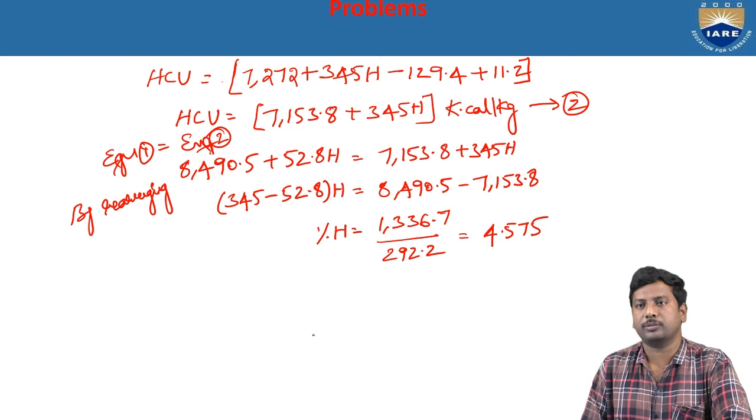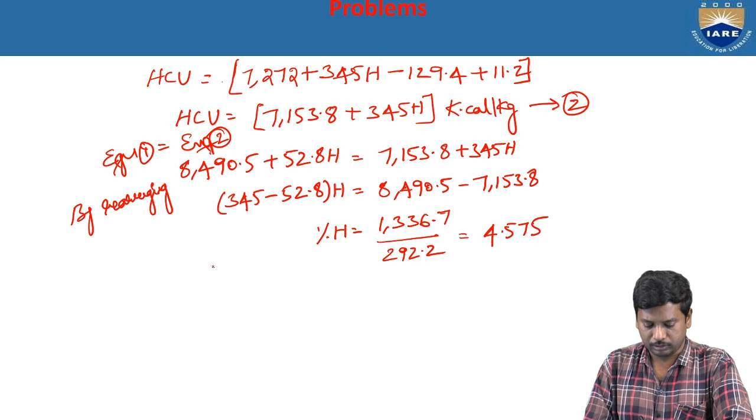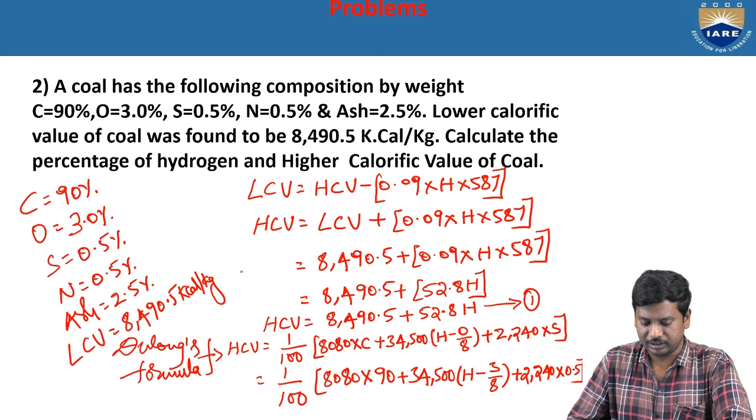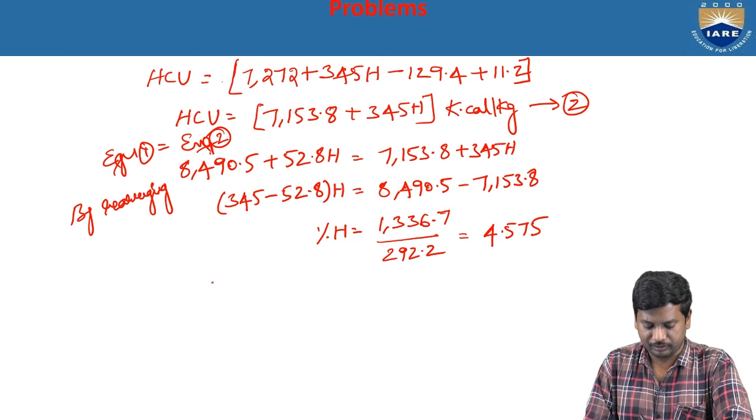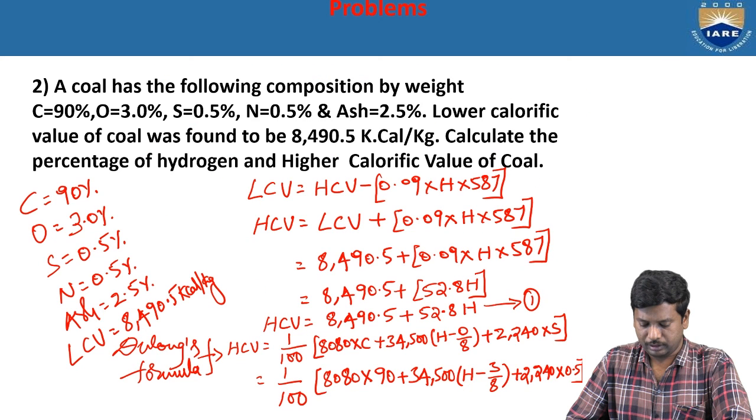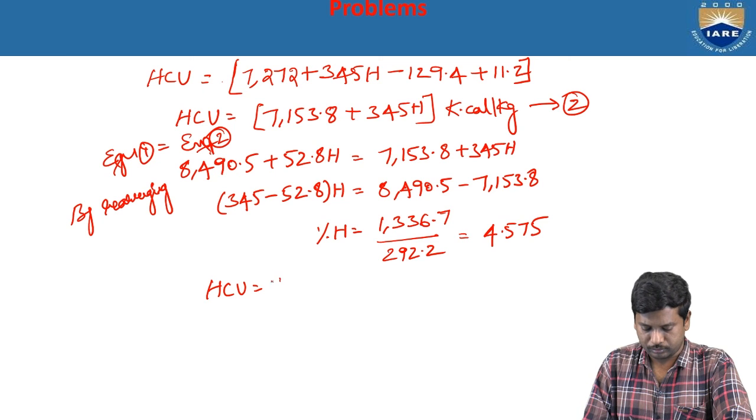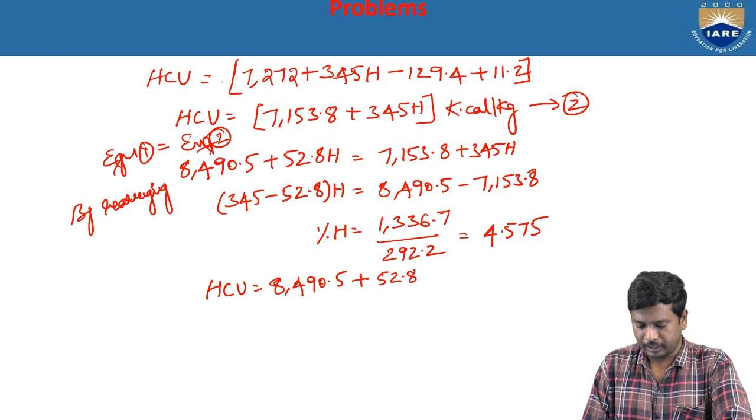Now this percentage of the hydrogen is substituted in the LCV relation. By rearranging the equation, you already got HCV is equal to LCV plus 0.09 into hydrogen into 587. So HCV is equal to, what is the value of LCV? 8490.5 plus 52.8 into 4.575.